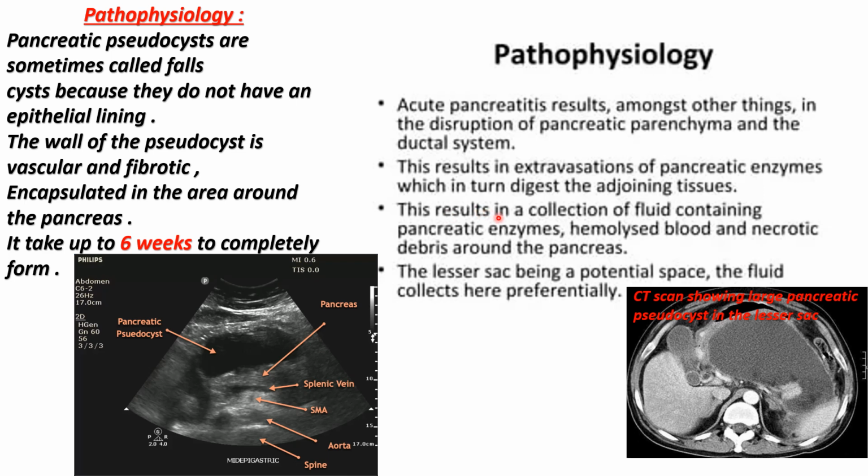This results in a collection of fluid containing pancreatic enzymes, hemolyzed blood, and necrotic debris around the pancreas. Around this is the pancreas and this is the pancreatic pseudocyst. The lesser sac being a potential space, the fluid collects here preferentially.